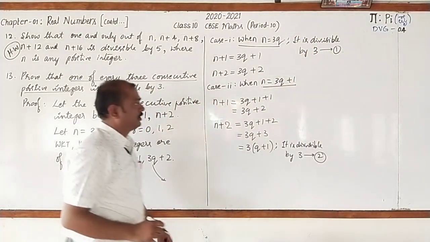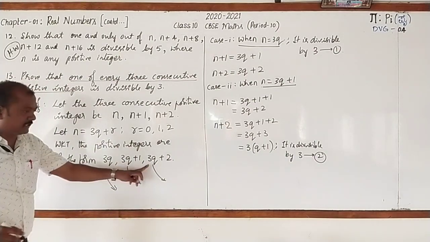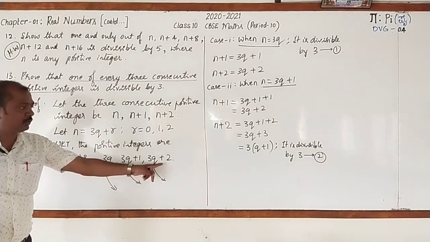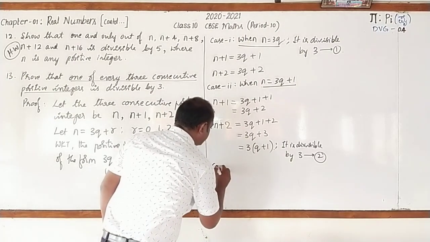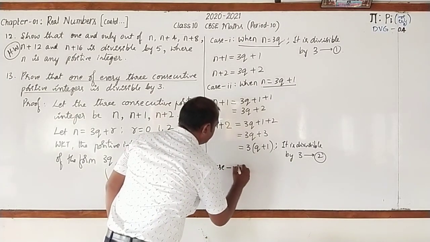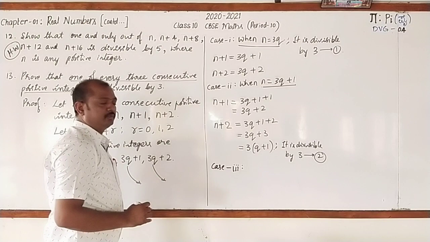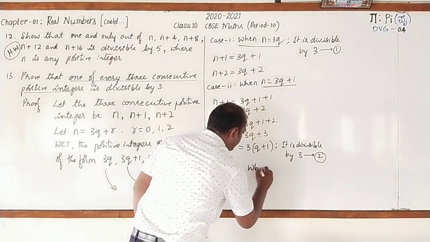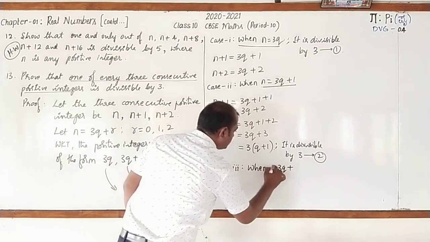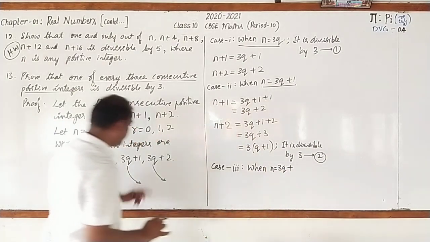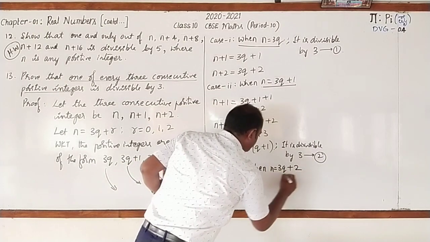Next, I go for taking the third case. In third case, we have to take 3q plus 2 in place of n, right? Here I write case 3. In third case, we can write when n equal to 3q plus 2.